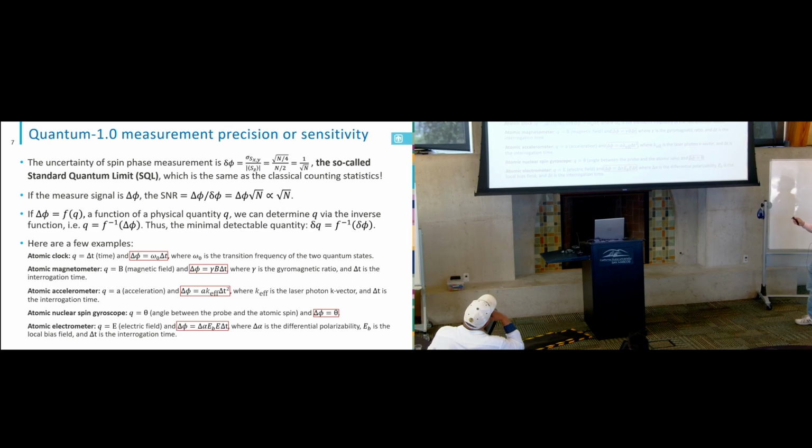You just do the simple math, considering it's a coherent superposition state, and then the uncertainty is equal to 1 over square root of N.